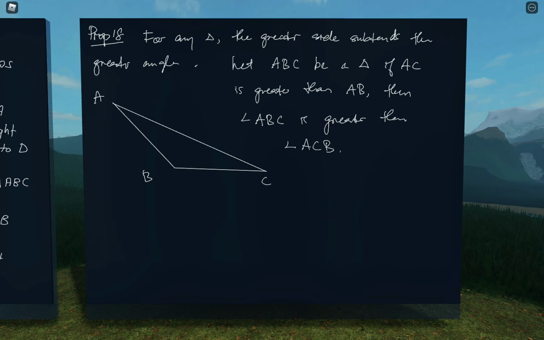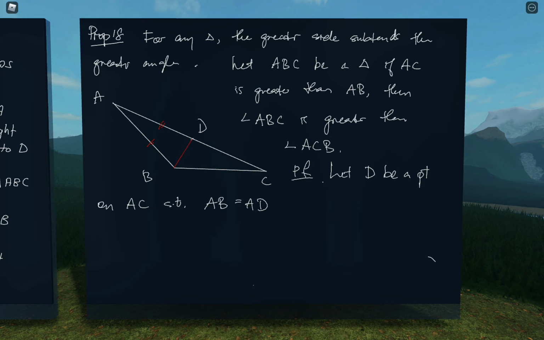Okay, so I'm just going to do the proof here. I'm going to let D be a point on AC such that AB is equal to AD. So put the point D here, and these line segments are the same. I'm going to join up the point B to D like this.